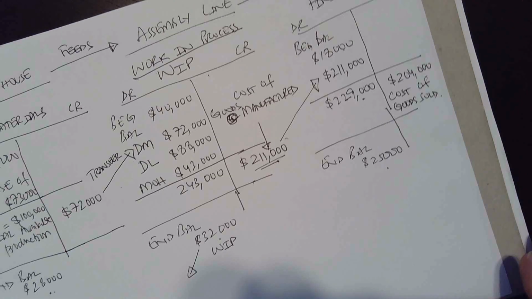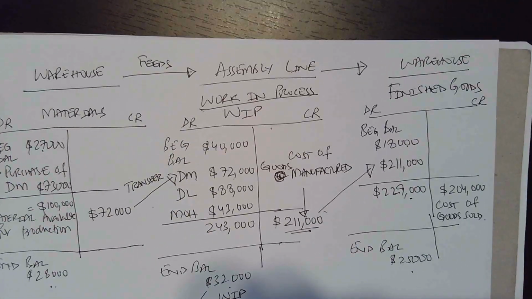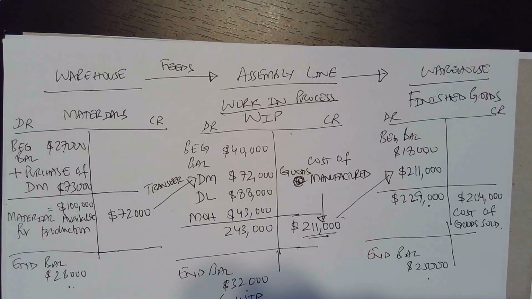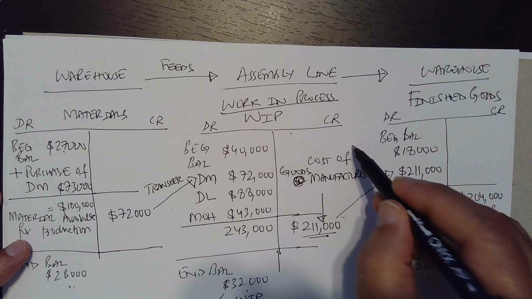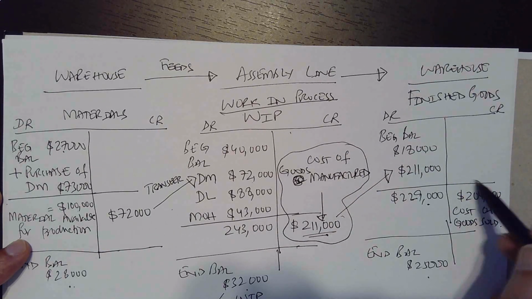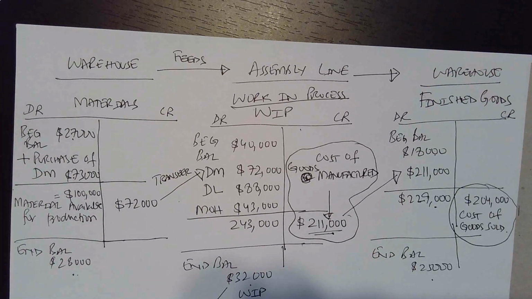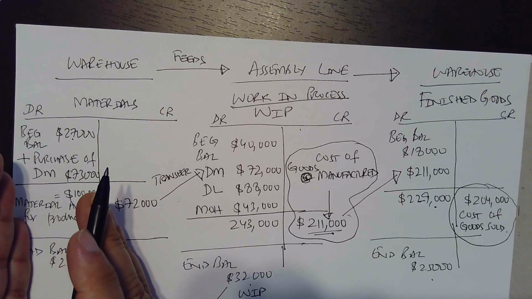Okay. So what we have learned here is calculating the cost of goods manufactured, like this one, and this cost of goods sold. So we always start from the materials. We have a warehouse where we keep all our parts.